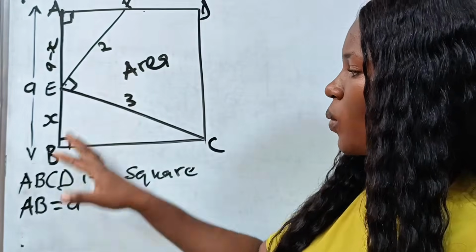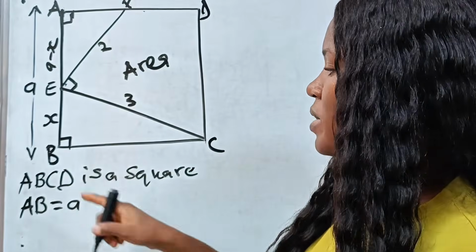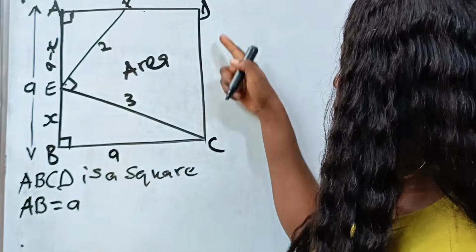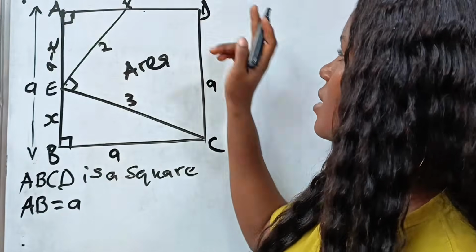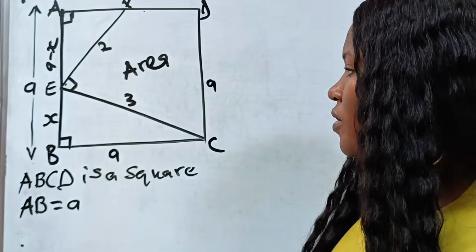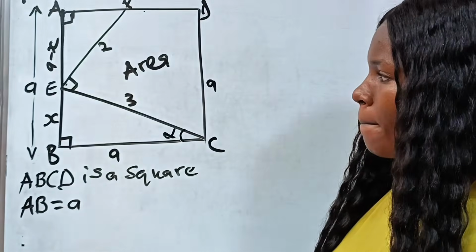Because ABCD is a square, it means that BC is also equal to a, DC is also equal to a, and AD is also equal to a, right? First, let's call this angle alpha.